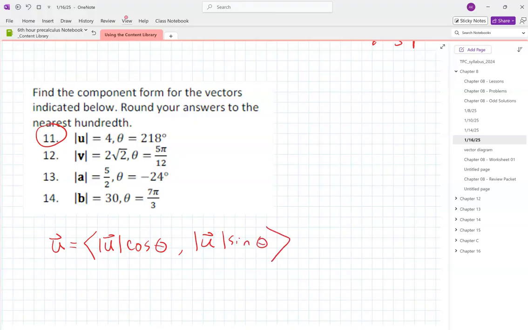To go from magnitude and direction to component form, it's just magnitude times cosine of direction, comma, magnitude times sine of direction.